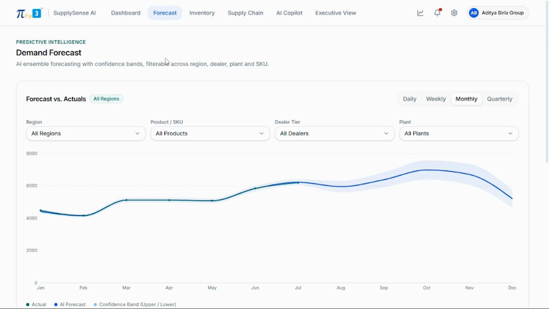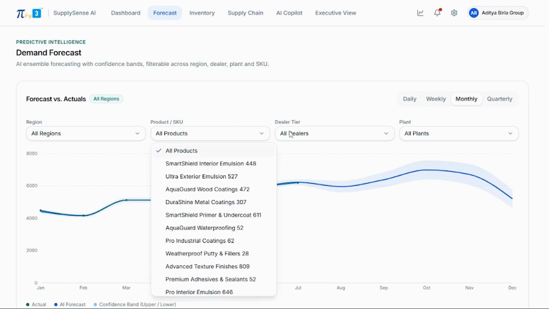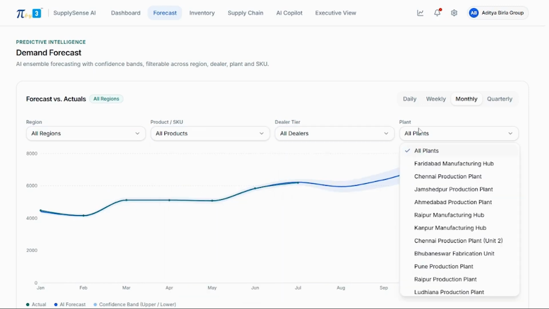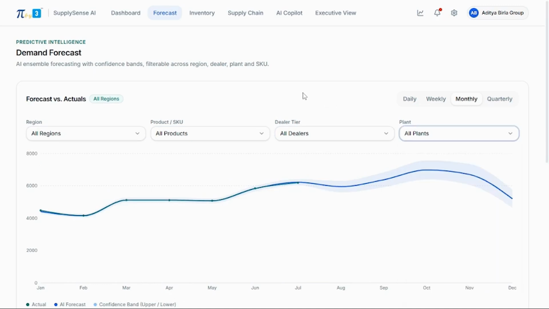The platform not only predicts future demand but also provides confidence levels and identifies the key business drivers influencing each prediction across several regions, products, dealer types, and plant-specific views as well. This helps planning teams improve forecast accuracy while reducing stockouts and excess inventory.